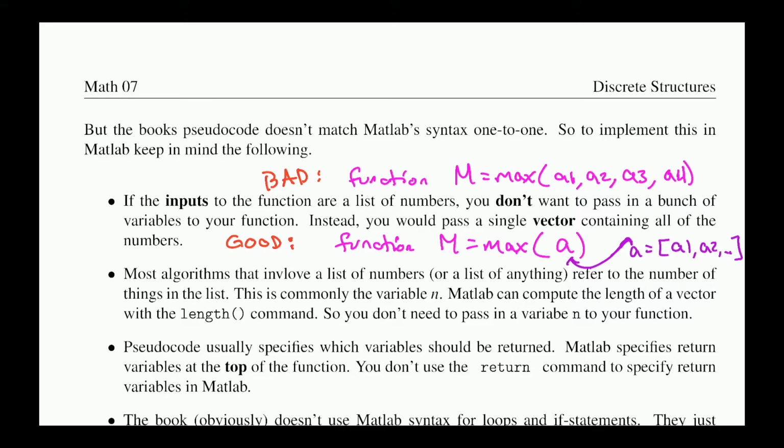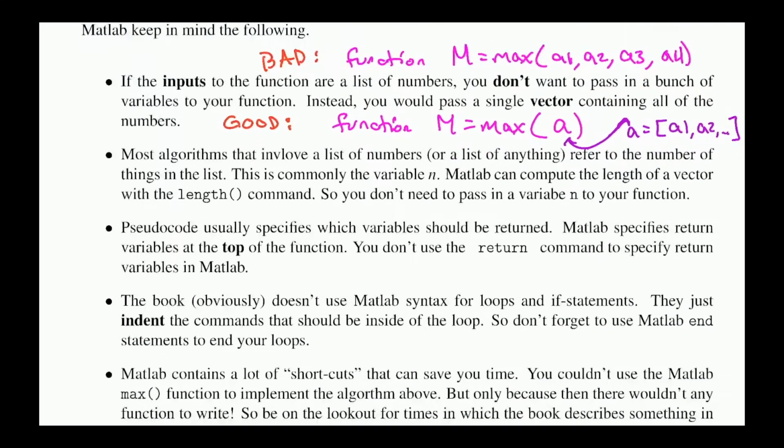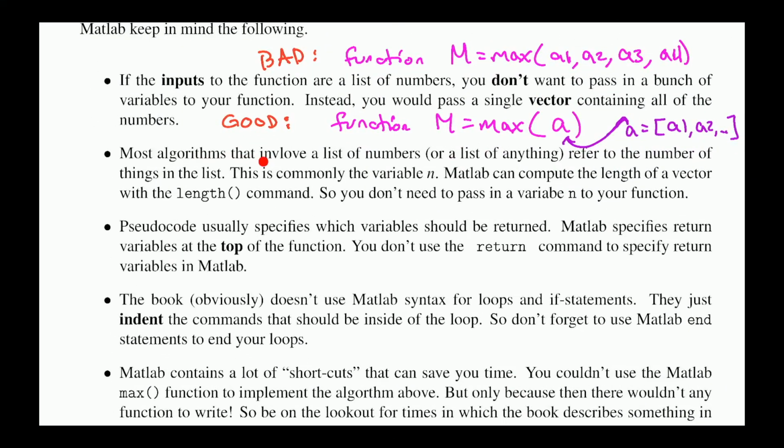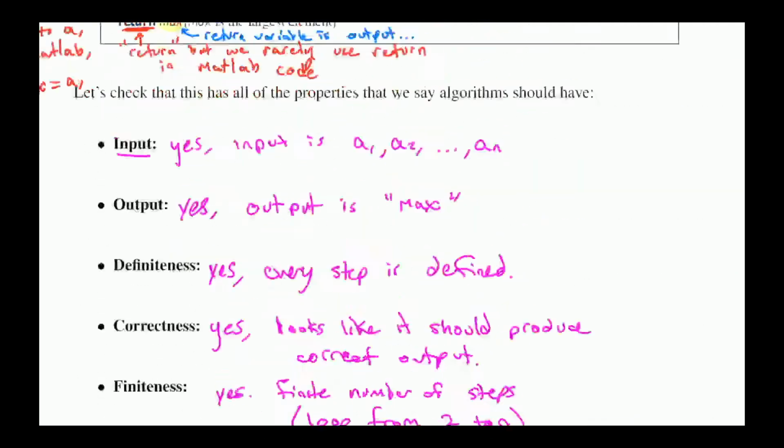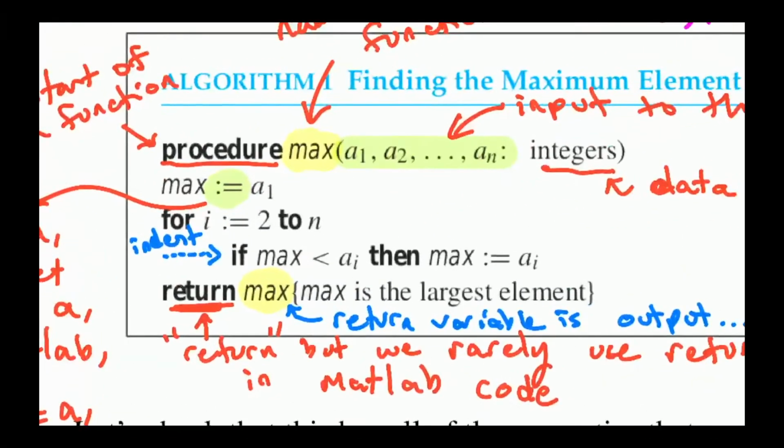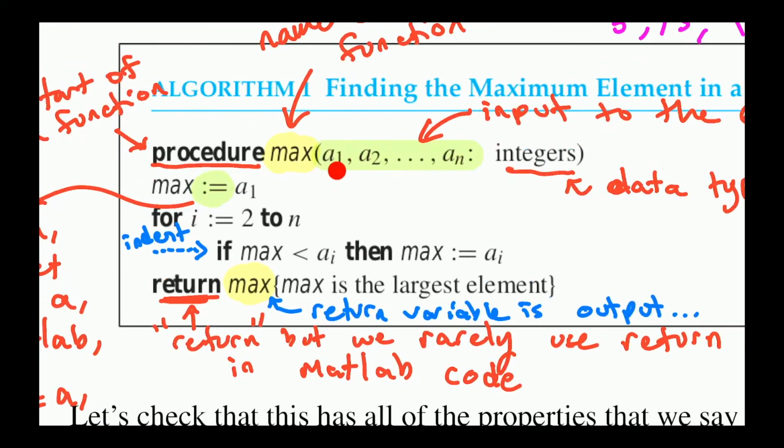So in MATLAB, we'll always be doing that. Now, another thing to notice is if you look at their code here, the input variables were A1, A2, up to AN. So there were n different numbers here.